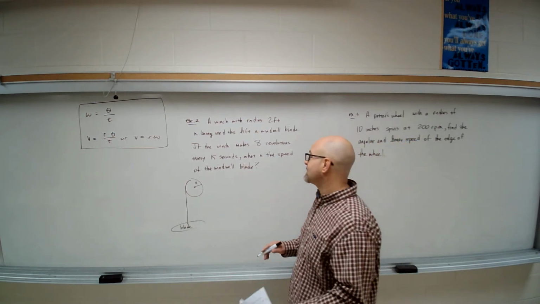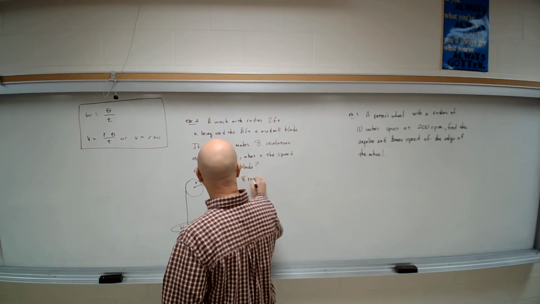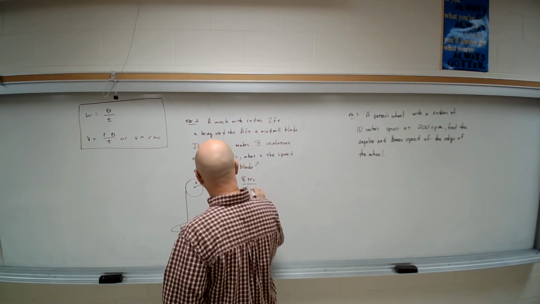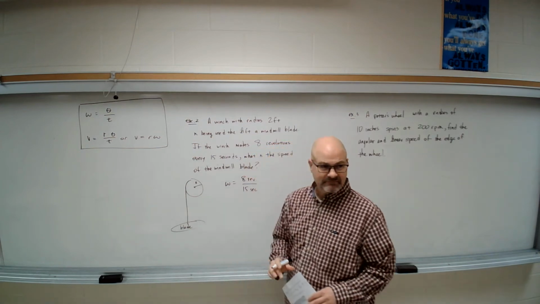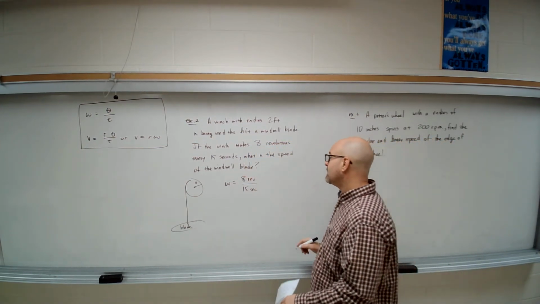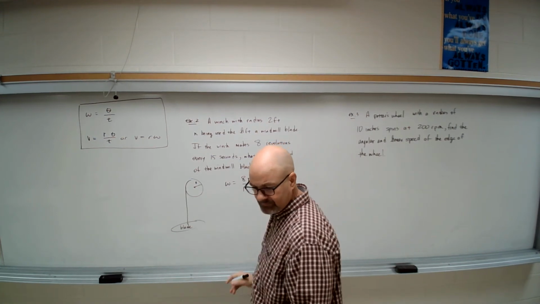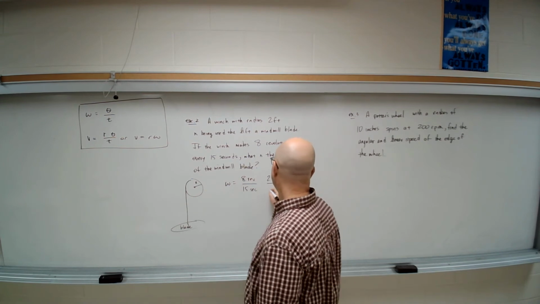Okay, so with this, omega is 8 revolutions per 15 seconds. We need to get it into radians. So we know there's 2 pi radians per revolution.